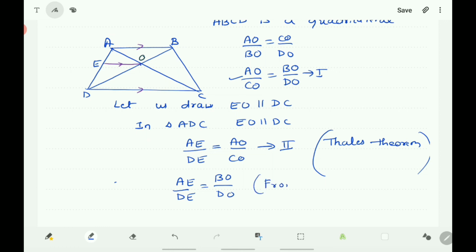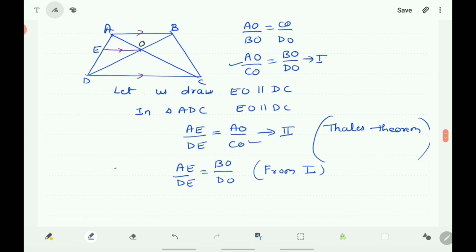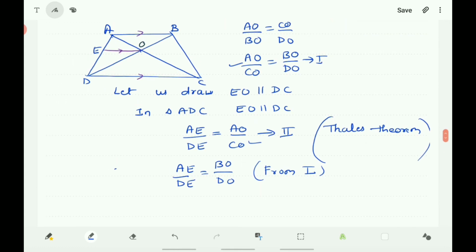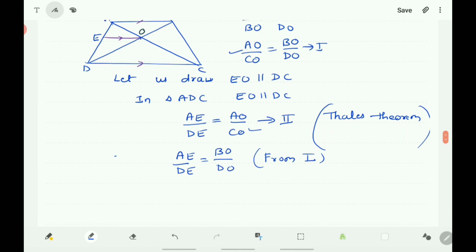The reason is, from first, because you know that AO by CO is equal to BO by DO. So in the place of AO by CO, you can write BO by DO. Now you take the reciprocal of both, that is DE by AE is equal to DO by BO, by taking reciprocals.